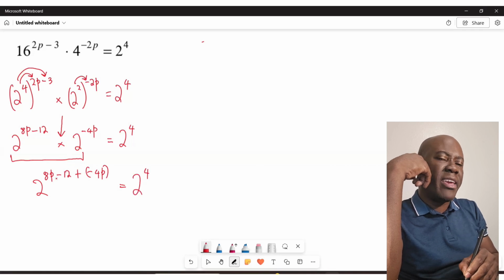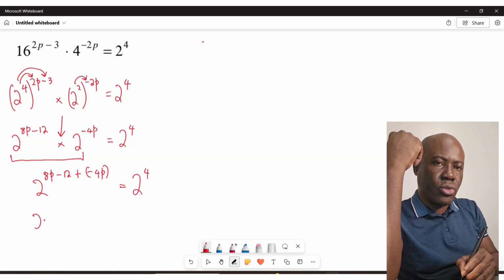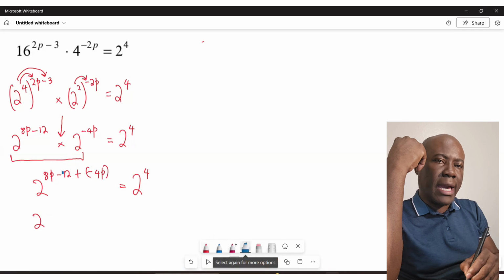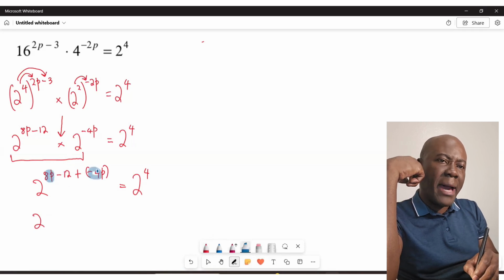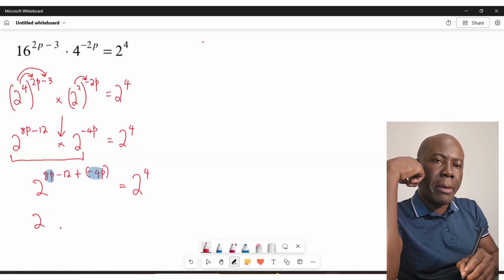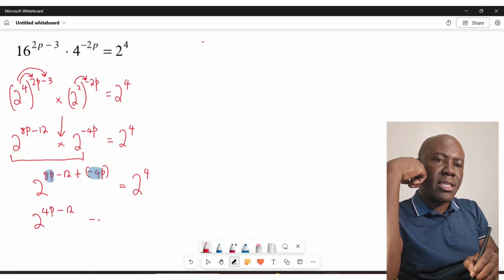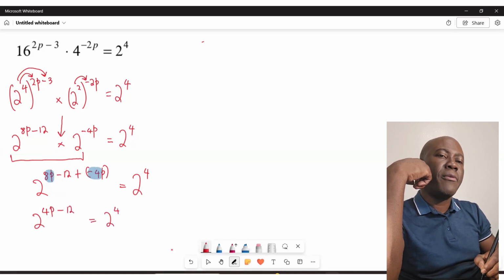Now we're going to simplify the exponent on the left side. So we have 2, but when you look at 8p with a minus 4p, that's going to give us a positive 4p and a minus 12, and this is equal to 2 raised to the 4th.